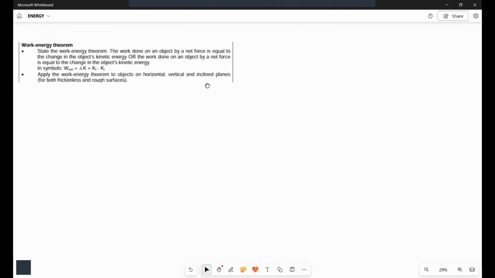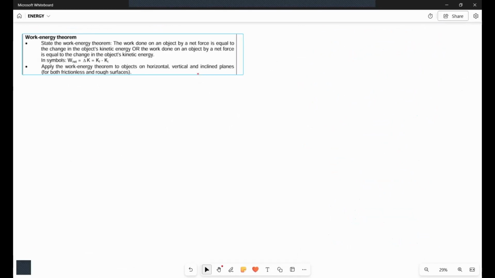Now, all right. Now, as per exam guide, we are told that we are going to be dealing with work energy theorem. Now, work energy theorem has a definition.